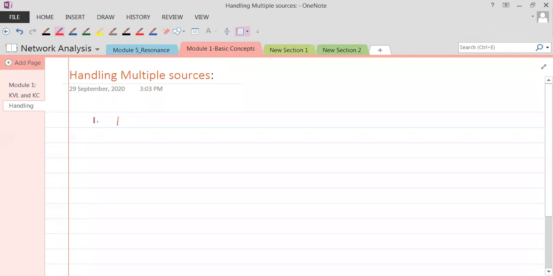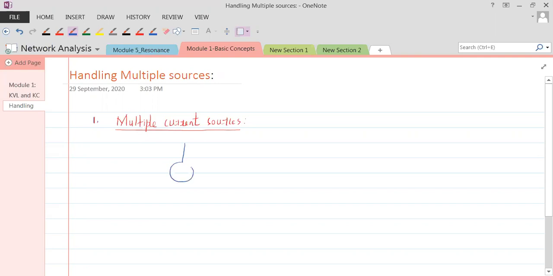Everybody just copy this. Multiple current sources. Copy down what I'm doing. See here.